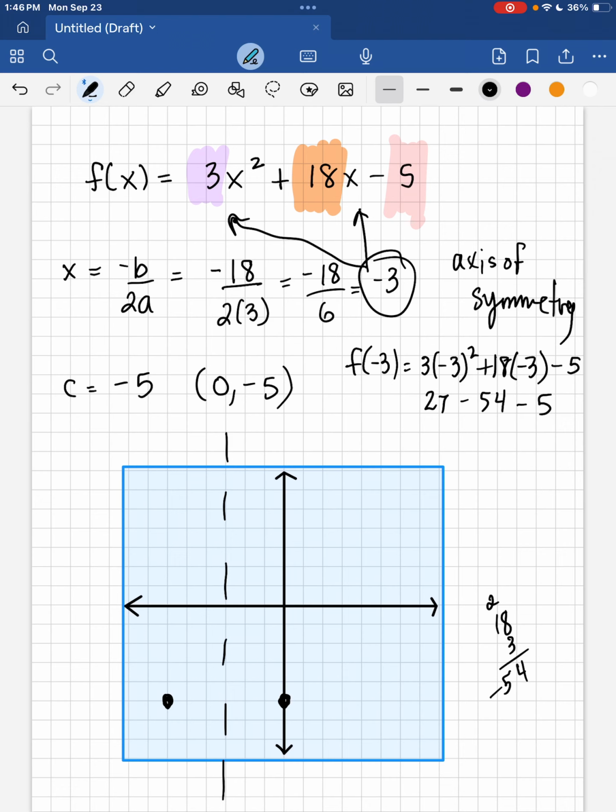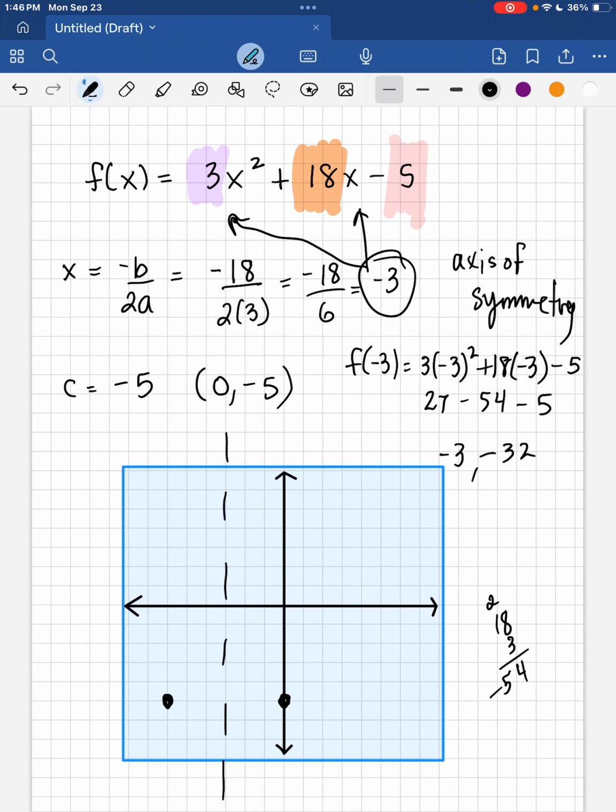And then minus 5. So then I'm going to have 27 minus 5 is 22. And negative 54 plus 22 is going to be negative 32. So that is my y value.